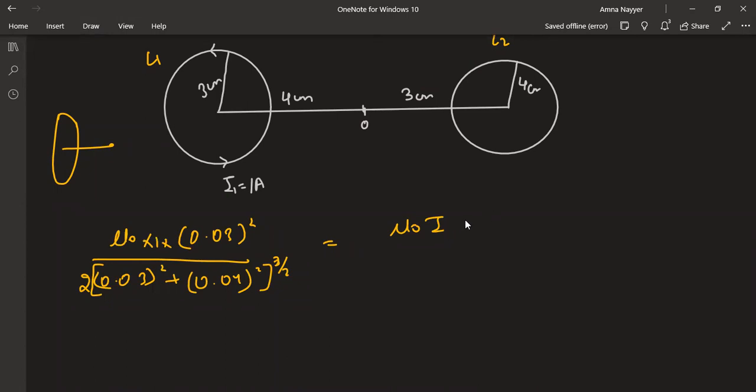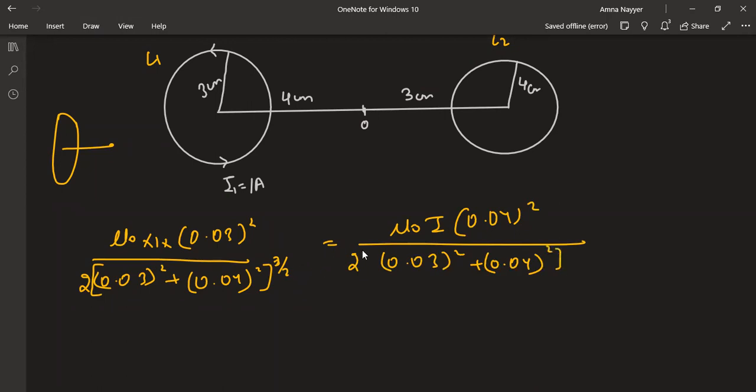So mu naught I, then this will become 0.04 whole square by 2 into (0.03 whole square plus 0.04 whole square) to the power 3 by 2. See, denominators will get cancelled.